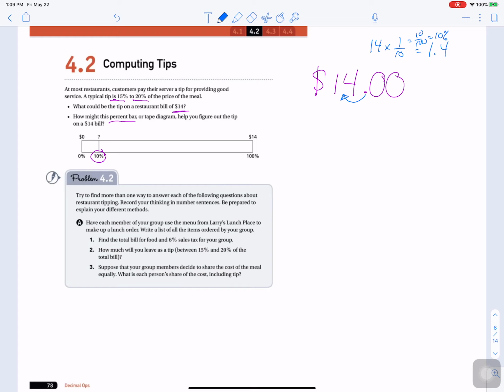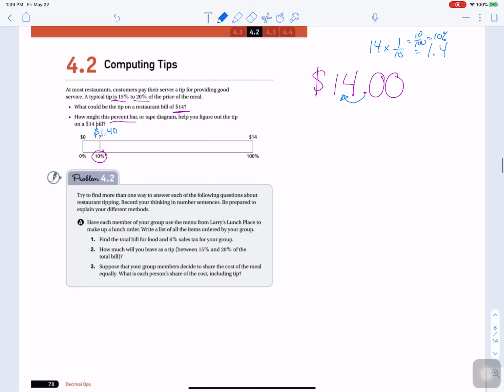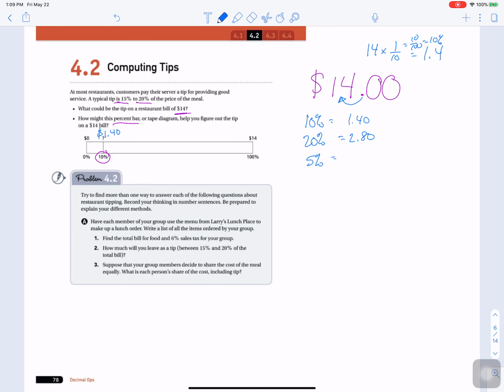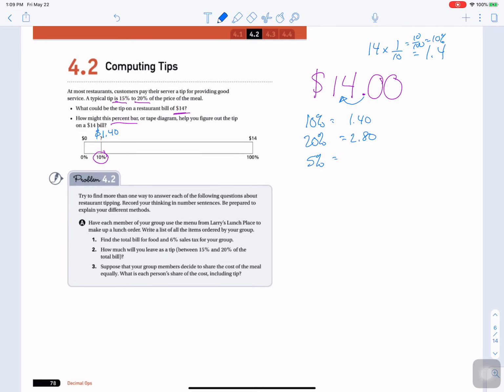So a 10% tip would be $1.40. If you wanted 20%, all you would do is double it, so you'd get $2.80. If you wanted, say, a 5% tip, which would be a little cheap, you would take $1.40 and split it into two.